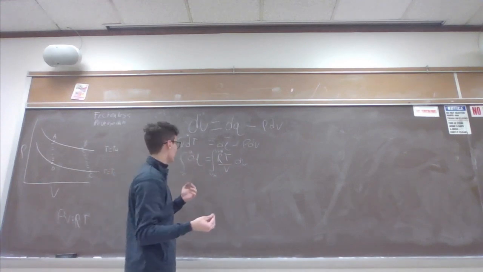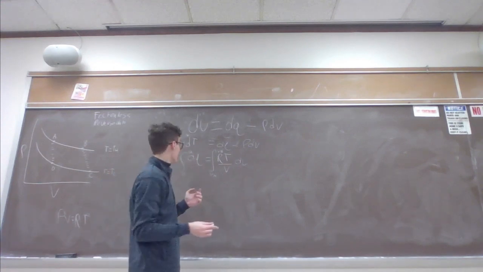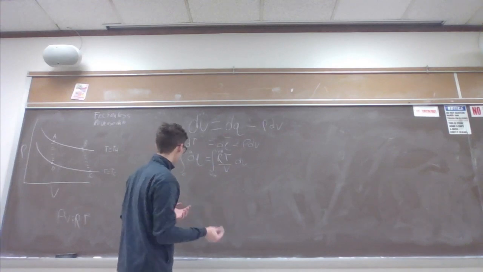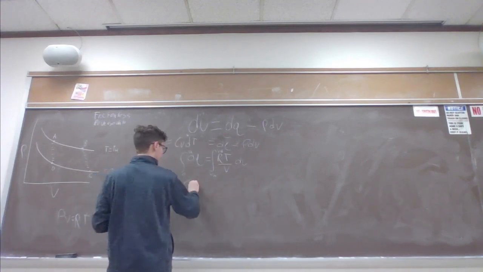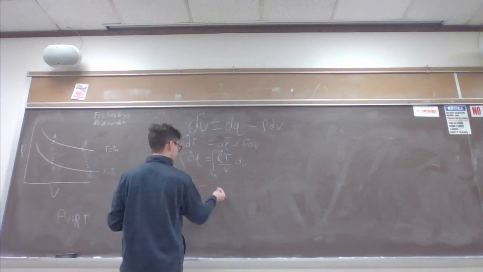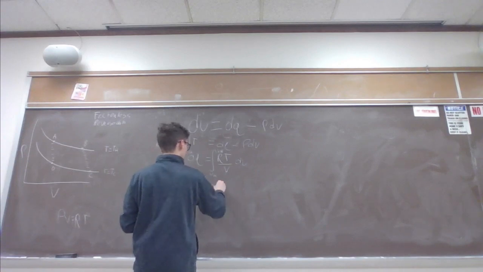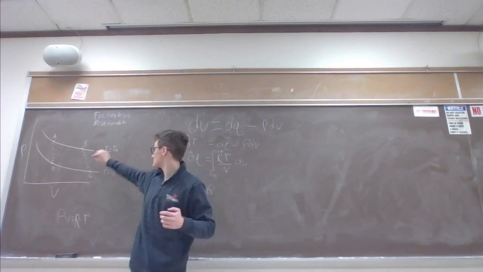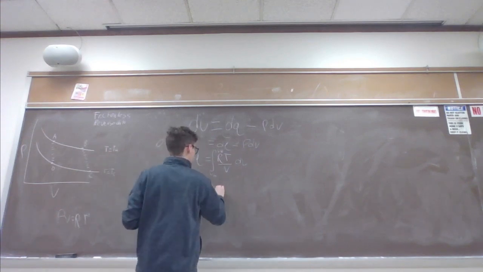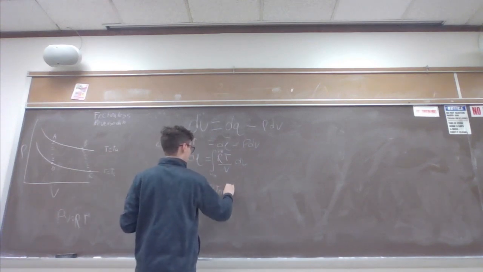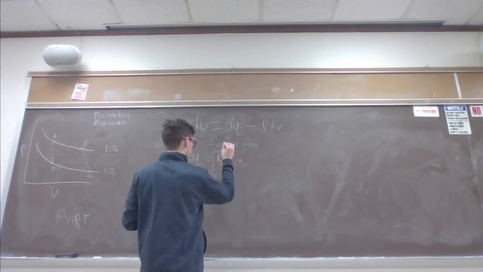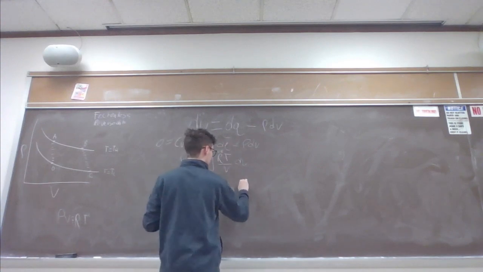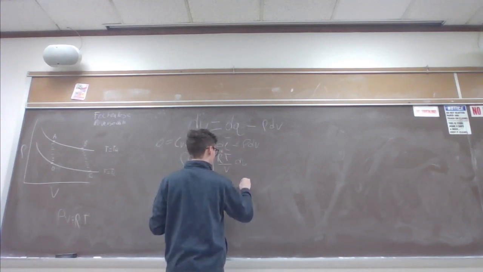Q is the heat. So we would end up with Q equals R, and then T, which we know is a constant in this scenario as it's TH, so R TH times ln of VB over VA, or V2 over V1.